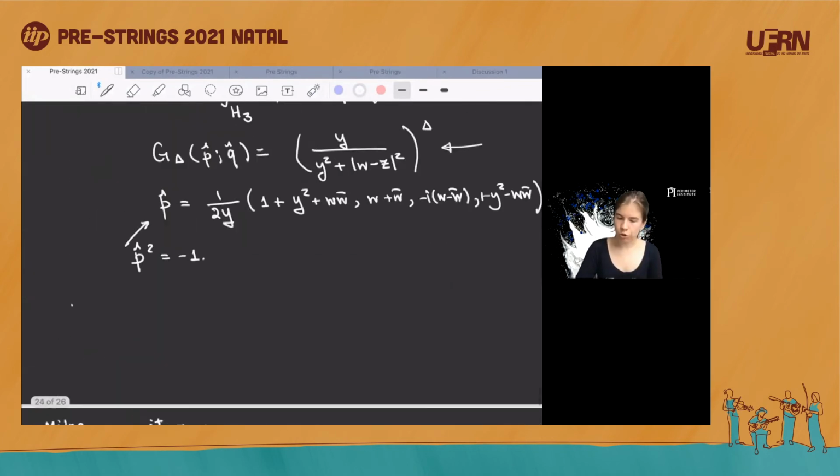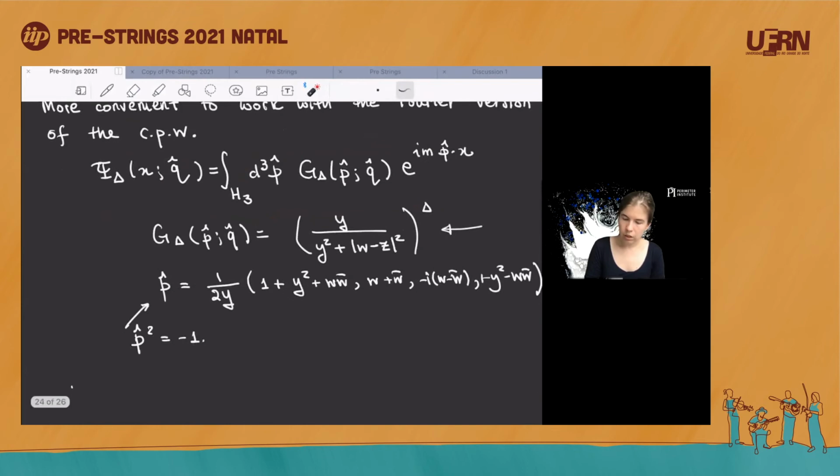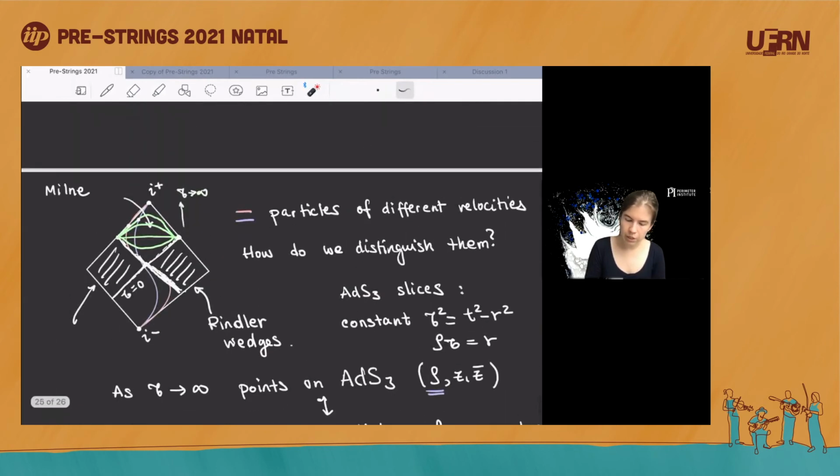And so now this formula for the conformal primary wave function becomes more intuitive, because what this integral of the plane wave against this bulk to boundary propagator gives us is a map between these massive particles, which appear on AdS slices at some points, and a point on the boundary of AdS, right?